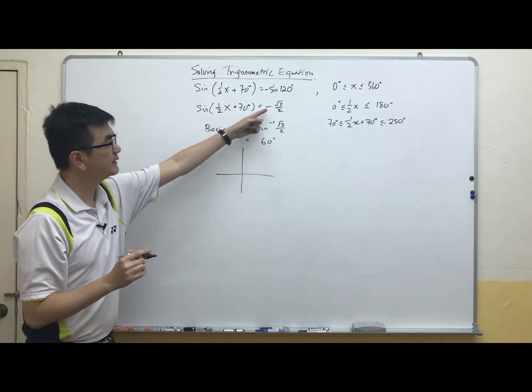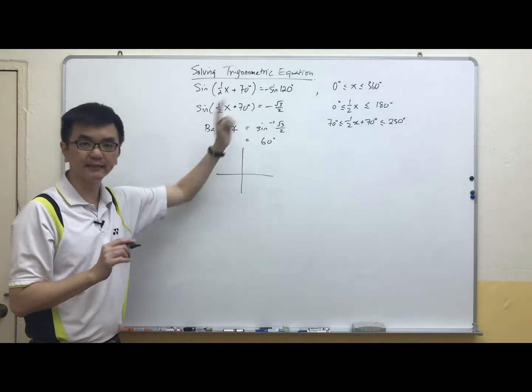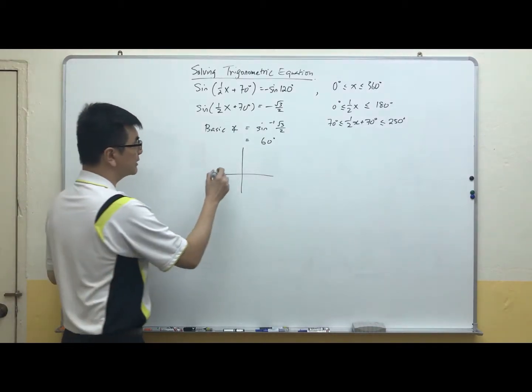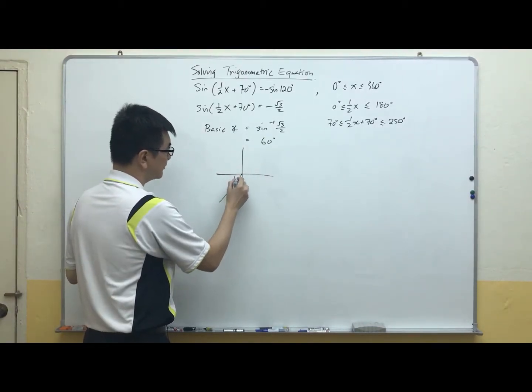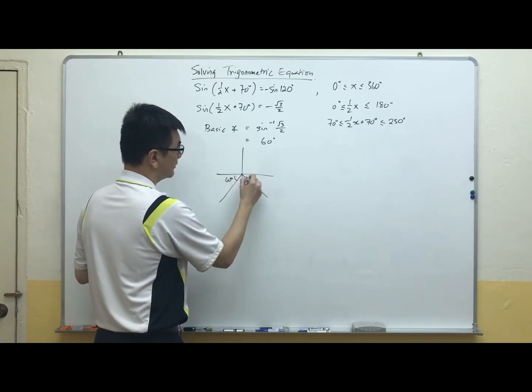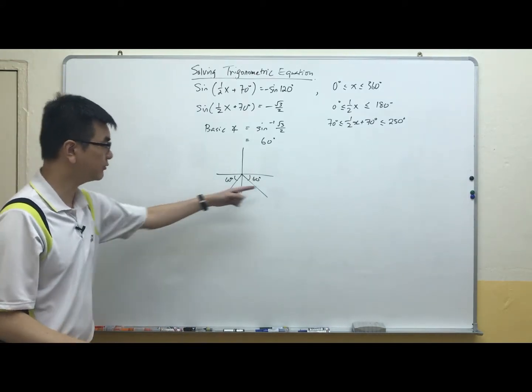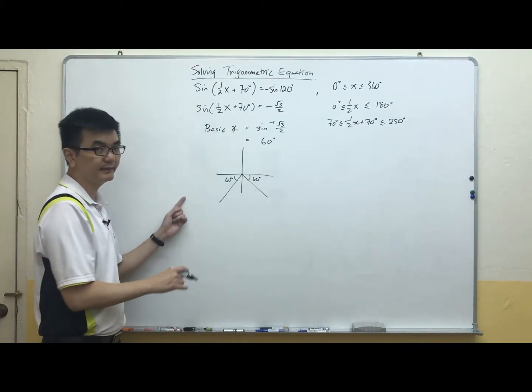Since the sine of this angle is negative, I know that my angle must be in the third quadrant or the fourth quadrant. Third or fourth will have sine being negative.